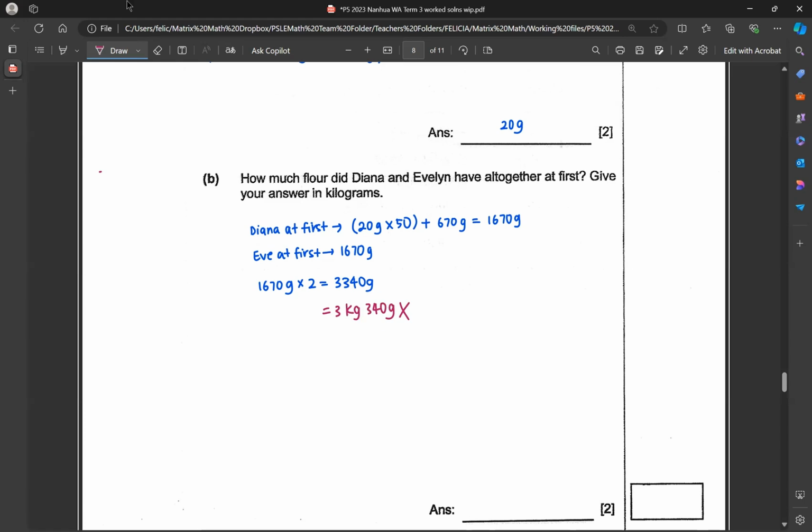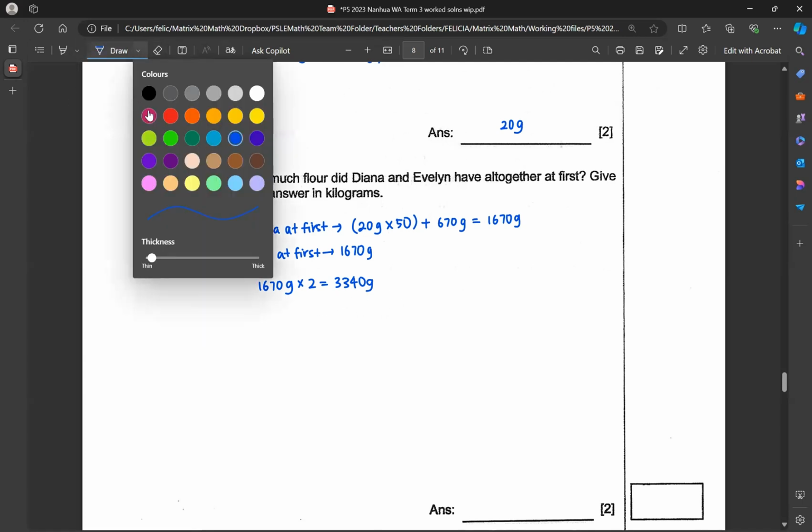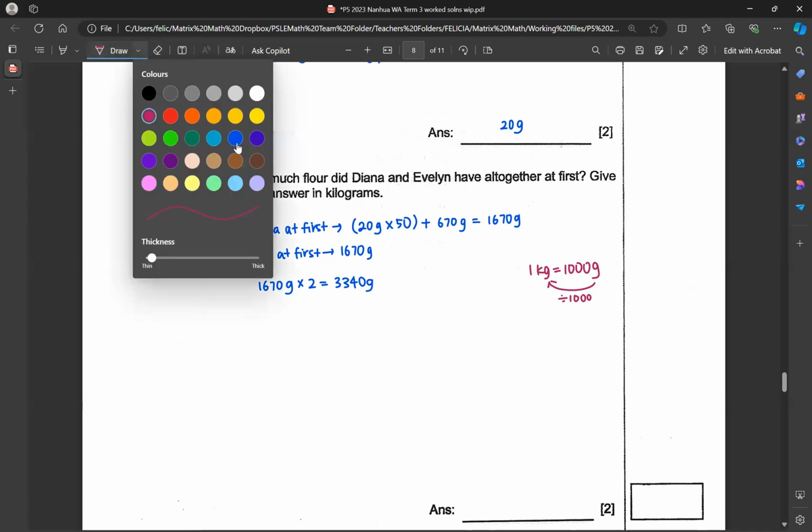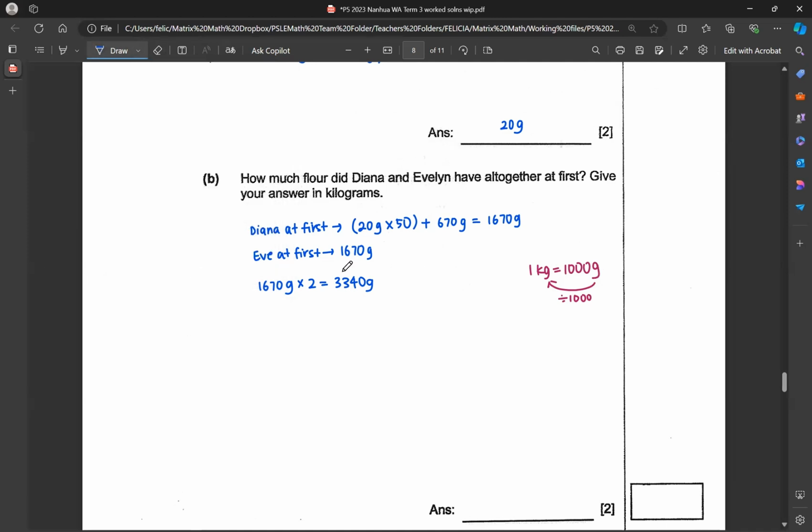Cannot. Okay, so to convert to kilograms, you're gonna think of your conversion from grams to kilograms. Remember grams to kilograms? You see this is a g, this is a kg, g to kg. Notice that the conversion is division of 1,000. 1,000 divided by 1,000 gives you 1. So you're gonna do the same for this one. When you divide 3340 by 1,000, yes, you can press calculator or you can just practice the shifting decimal method.